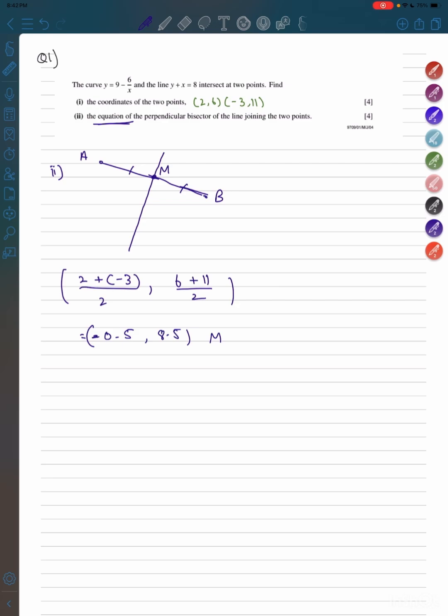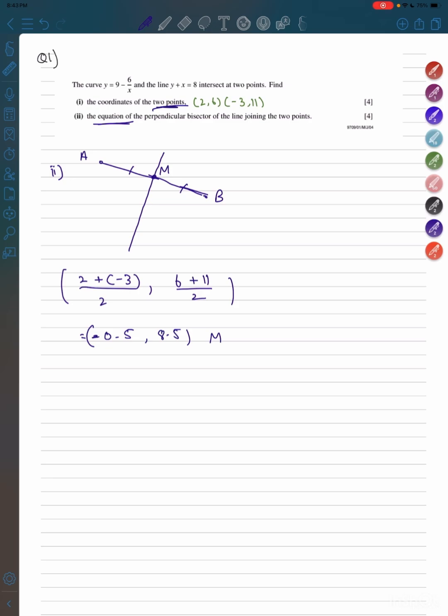And the second thing, okay, so what I can do is find the gradient of A and B, which is basically the coordinates of the 2 points, and then I can find the gradient. To find the gradient of the perpendicular bisector, I'm just going to apply the formula: m1 multiplied by m2 equals negative 1. So let me show you how to do that.